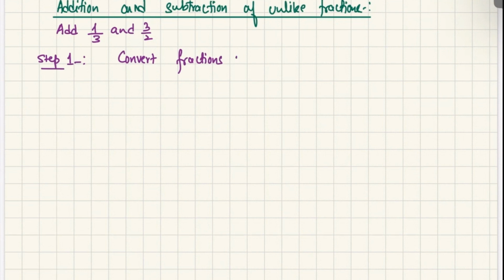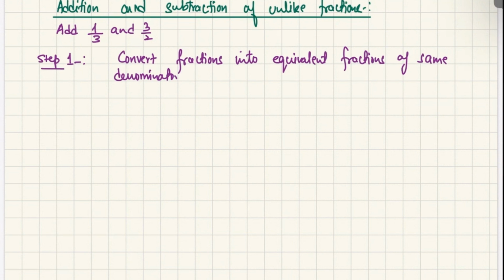these fractions into equivalent fractions of the same denominator. That means, what will you do? 1 times 2 by 3 times 2, right?